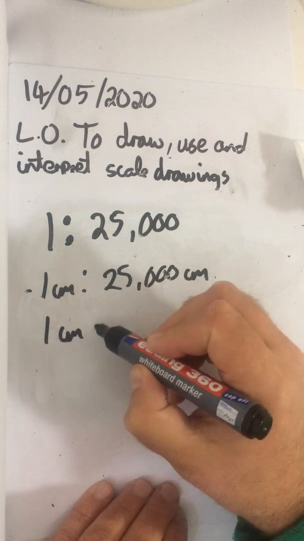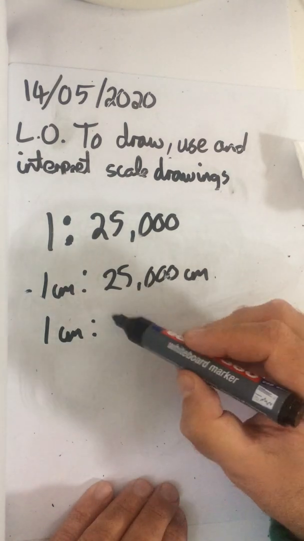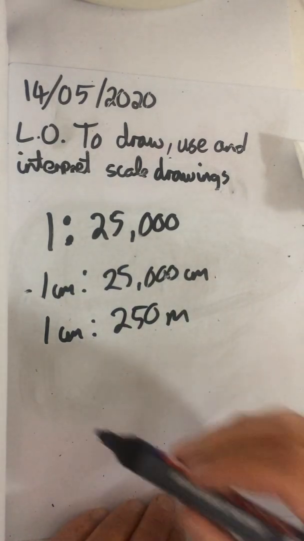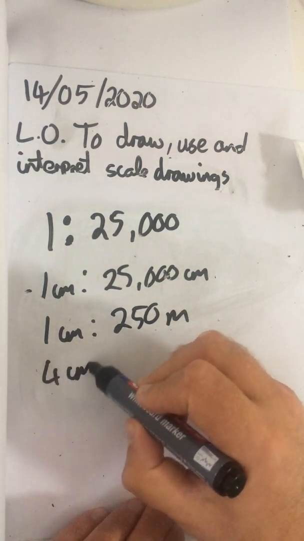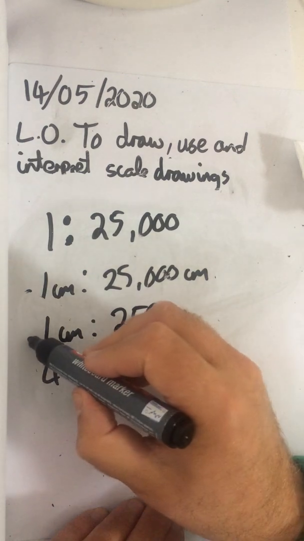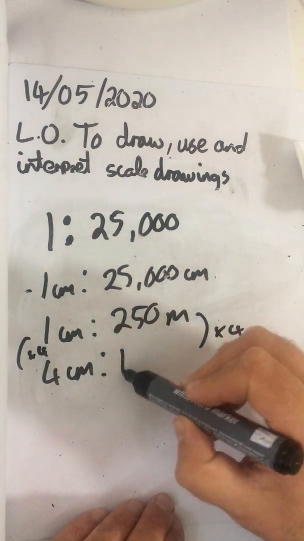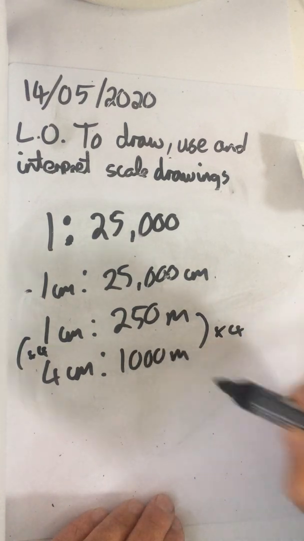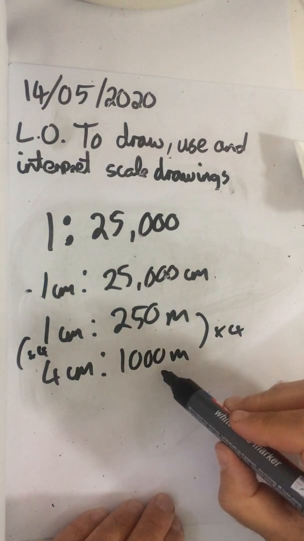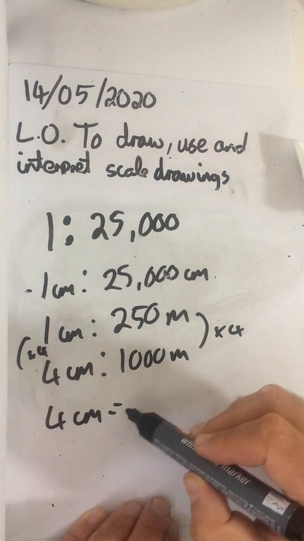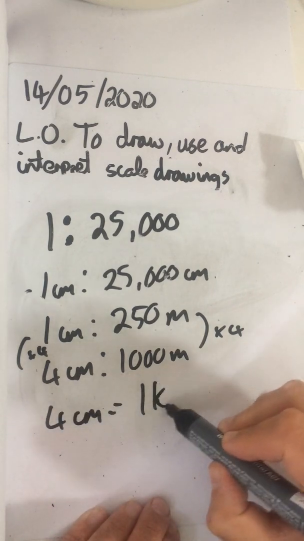So 1 centimeter therefore would equal, I'm going to divide that by 100, so it's 250 meters. Then 4 centimeters, therefore I'm going to times that by 4, expanding out my ratio, equals 1,000 meters. Okay, and I know 1,000 meters is a kilometer, so 4 centimeters is 1 kilometer.